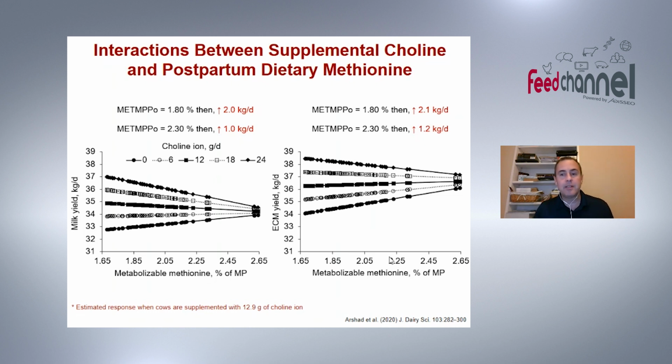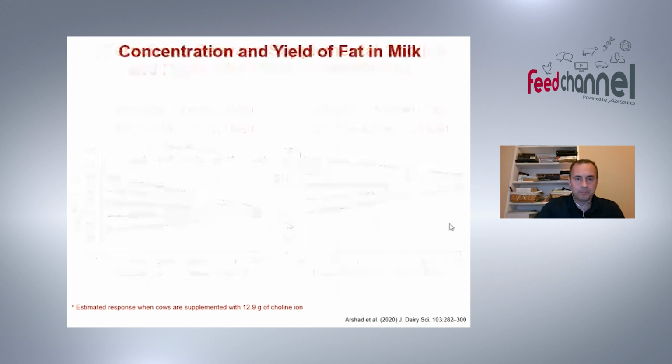So here we can see that there is a relationship between these molecules, but there are also some independent effects, because we see responses regardless of the level of metabolizable methionine, but they attenuate at the very high amounts.